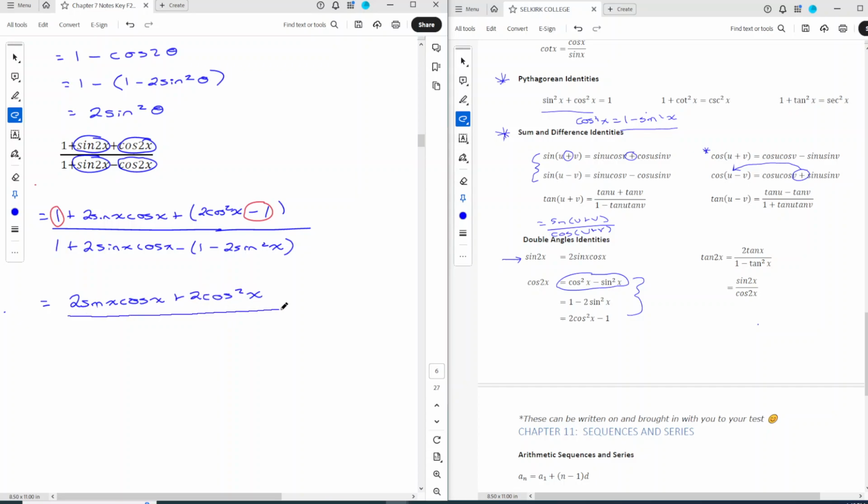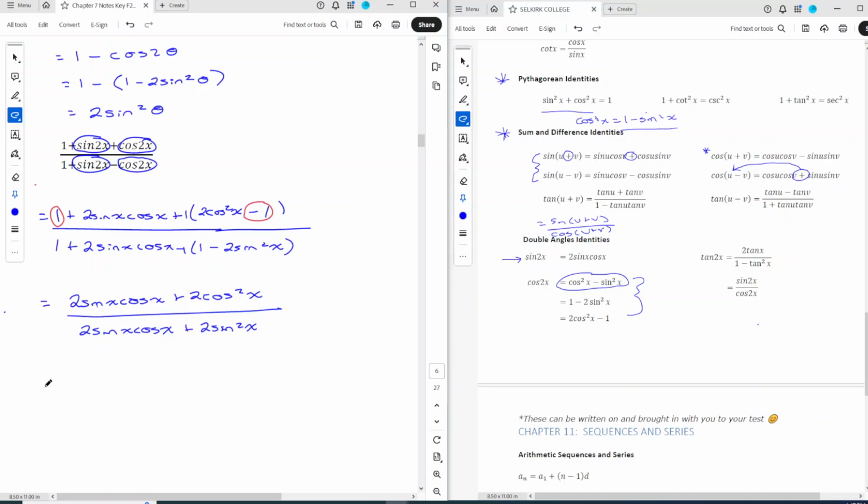And then what about my denominator? Well, maybe we should distribute through, you think? Or can we do this? You've got 1 minus 1, so that's gone. So I'm left with 2 sine x cos x. And then I've got minus negative 2, so plus 2 sine squared x. If I jump too many steps, put them in, right? Show yourself multiplying a plus 1 through and a minus 1 through, and then collect like terms.